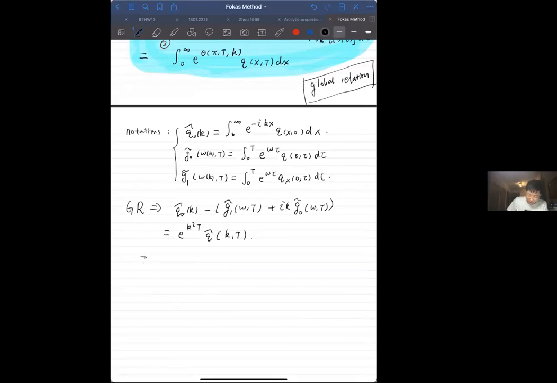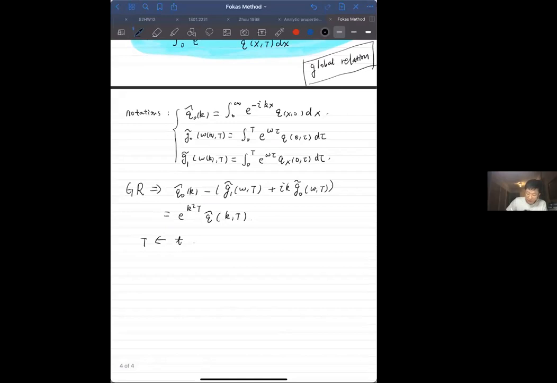Then you replace T by little t, and you do the Fourier inverse.